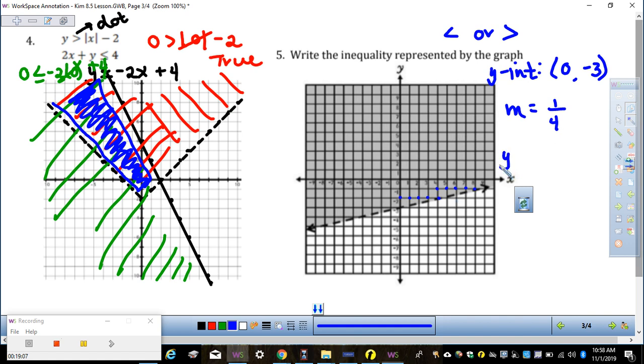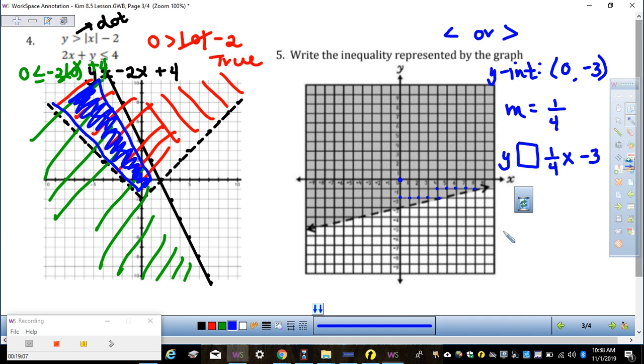So what I like to do here is kind of leave an empty box. Rather than writing y equals mx plus b, I'm going to do y and then this empty box with a 1/4 x minus 3. What we have to think is my test point, 0, 0, that is in the area of the line that's been shaded, which means I am looking for a true statement.